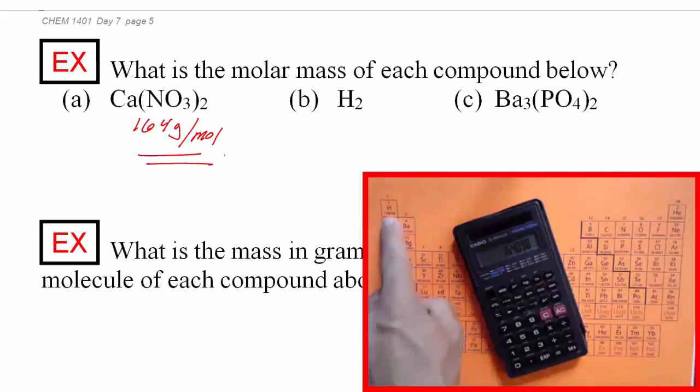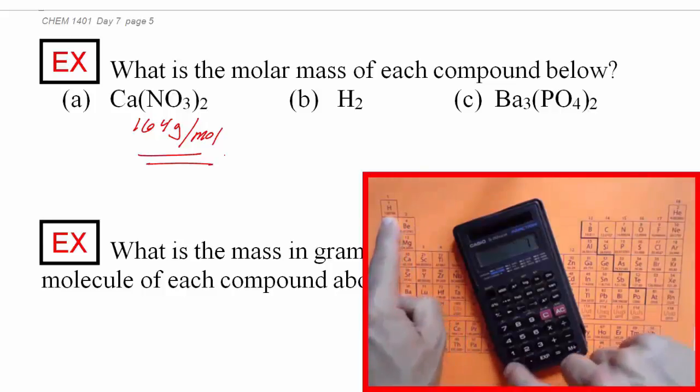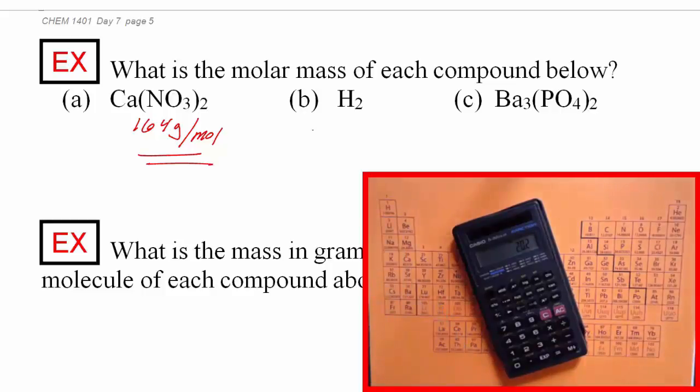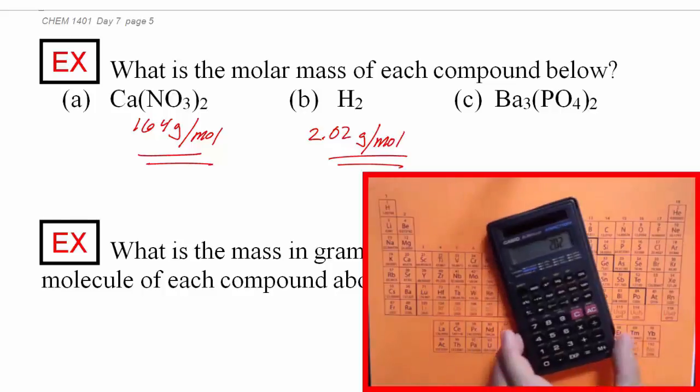Hydrogen, and there's 2 of them, so 1.01 times 2, 2.02. Now I'm being really generous with the rounding, just 3, 4 digits is really all I need, because they didn't specify. So I'm just doing some rounding. Barium phosphate.